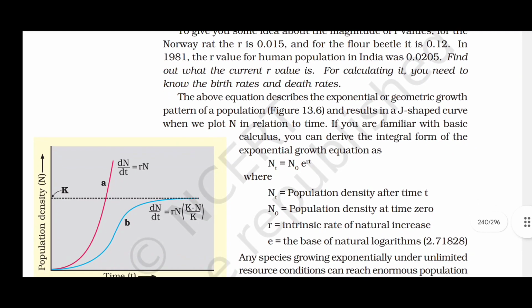The above equation describes the exponential or geometric growth pattern of a population and results in a J-shaped curve when we plot N in relation to time.